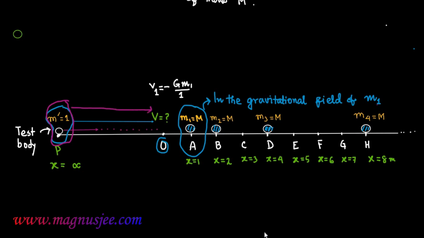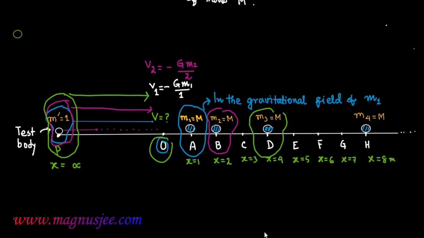Similarly, when the test body is brought from the point P to O in the gravitational field of mass m2 equal to M, the work done to bring the unit test body from infinity to the point O is V2.